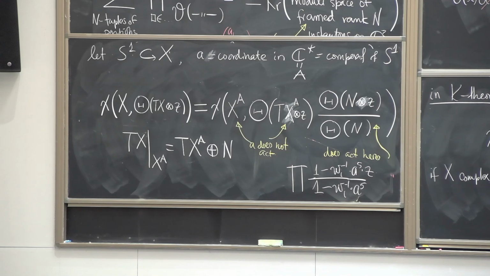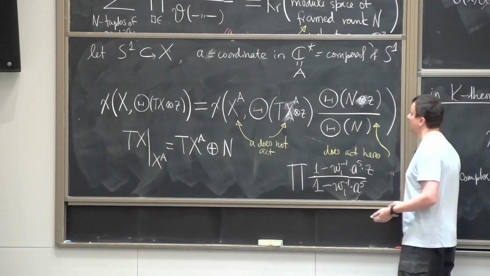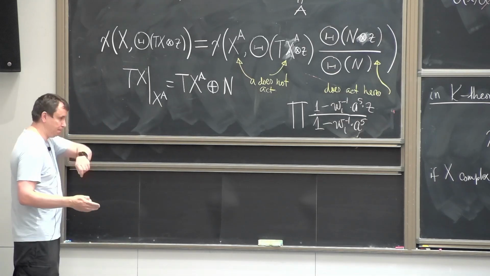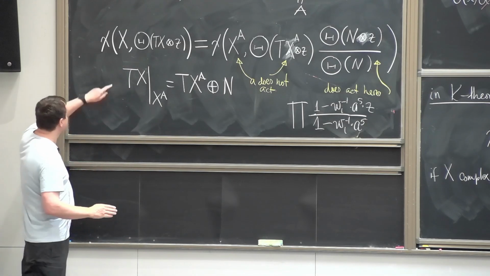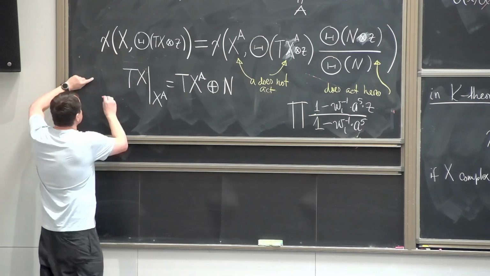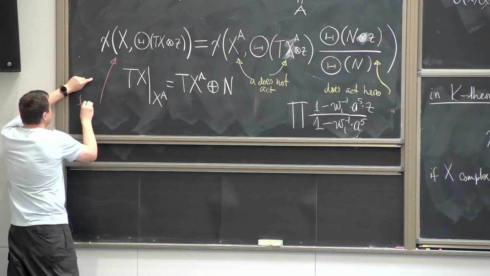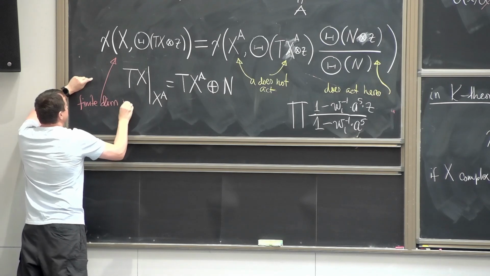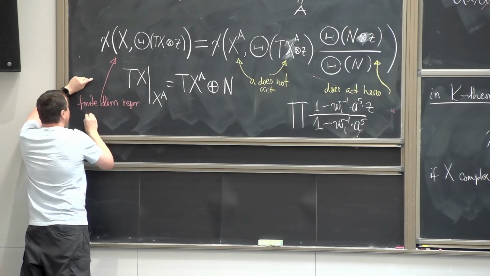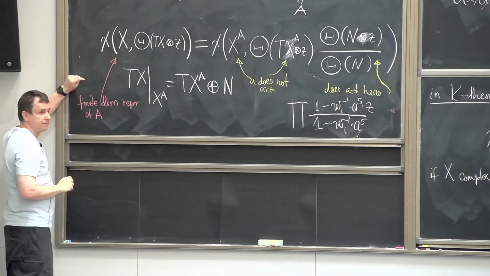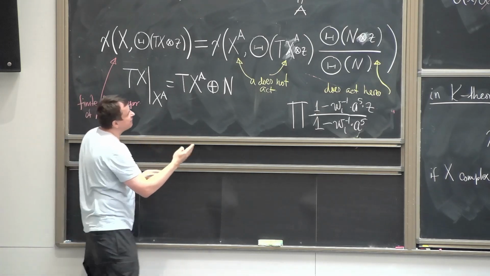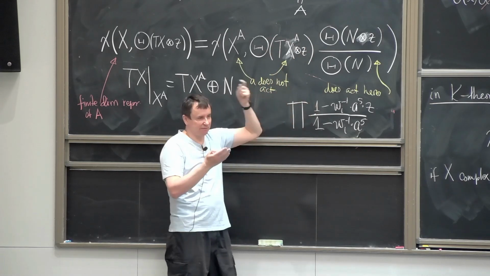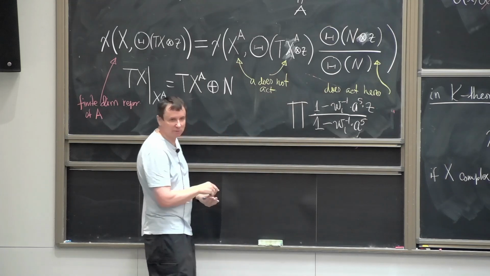Okay. So now we look at this formula. Remember, right now we assume that F is compact. So this thing is a finite dimensional representation or virtual representation of A. Whatever the weights in the normal bundle, however A is going to act in the normal bundle, there's some kind of components in the decomposition of the normal.